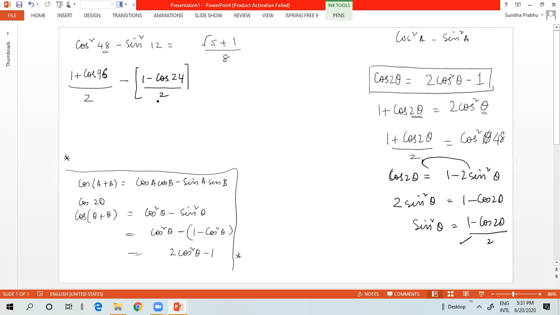So whatever this square is, we have avoided that square and converted it into simple cos. Let's open the bracket. If I take the LCM, 2 and 2 is comfortably there for us. 1 plus cos 96 minus 1 plus cos 24, correct? Yes, sir. So this becomes cos 96 plus cos 24 divided by 2. Till here, please make a note.